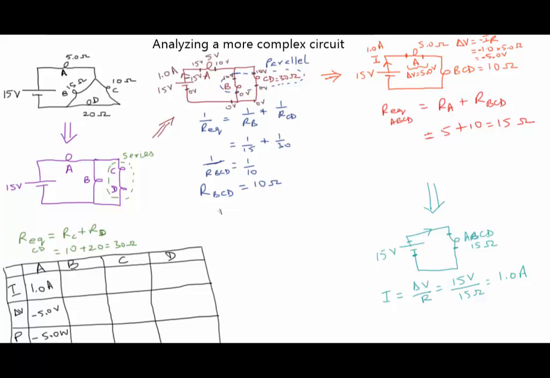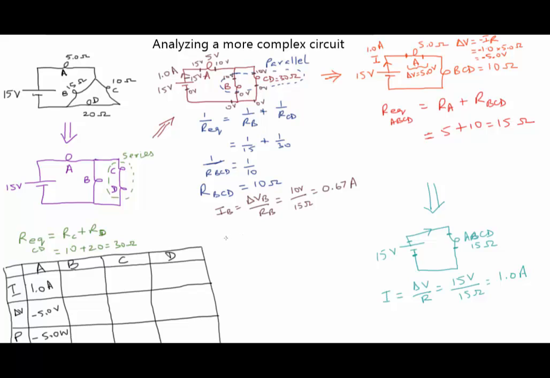Let me do that over here. IB is simply going to be delta VB divided by RB, and delta VB is 10 volts. The resistance was 15 ohms, so this gives me a current of 0.67 amps. And I can do the same calculation for this combined resistance CD.